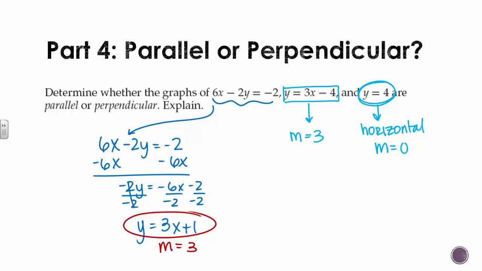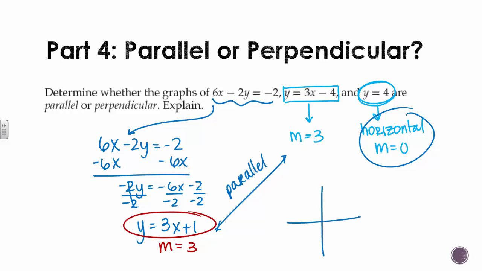So let's take a look at all of these equations. These two right here would be parallel to each other. They have a slope of 3. But this guy, just a horizontal line, isn't going to be parallel or perpendicular to any of these. So if we were looking at a graph, a rough sketch, one would look like this.